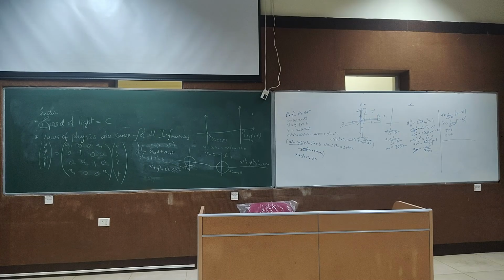No, because x, y, z, t show the light sphere in the S frame. So x square plus y square plus z square equal to ct square should be valid.